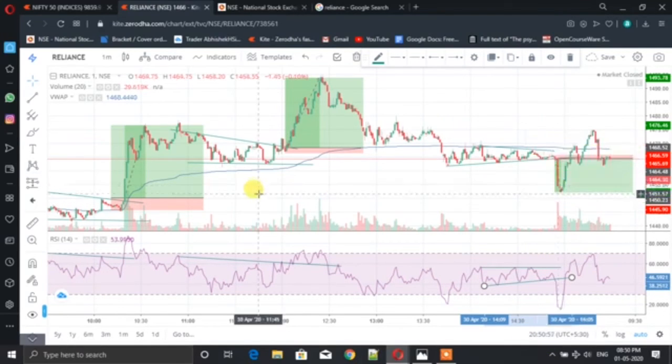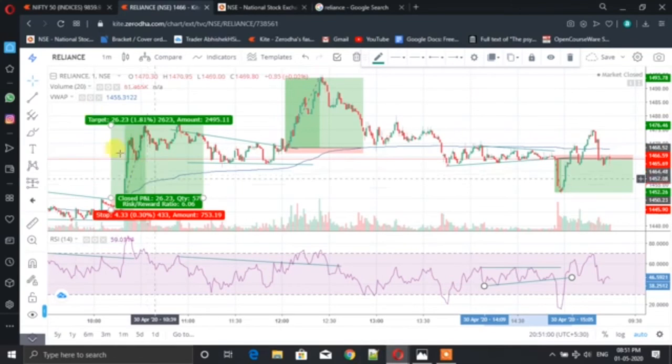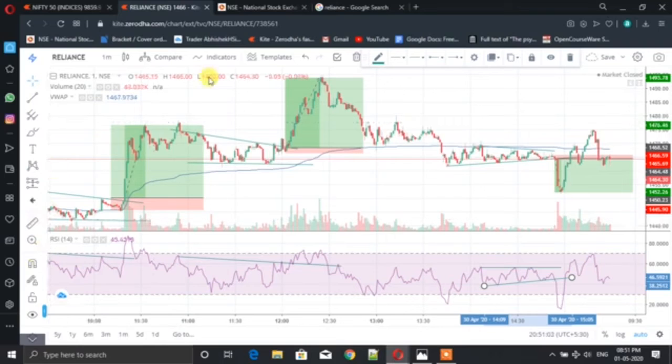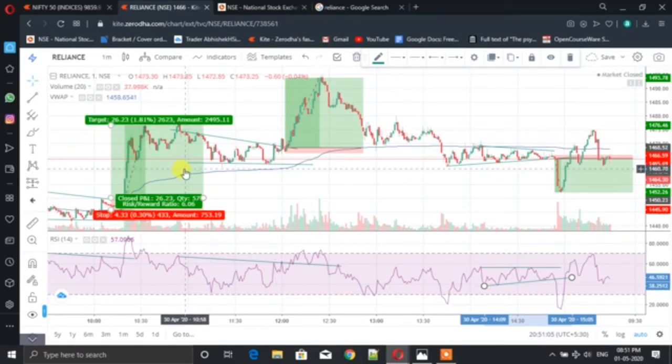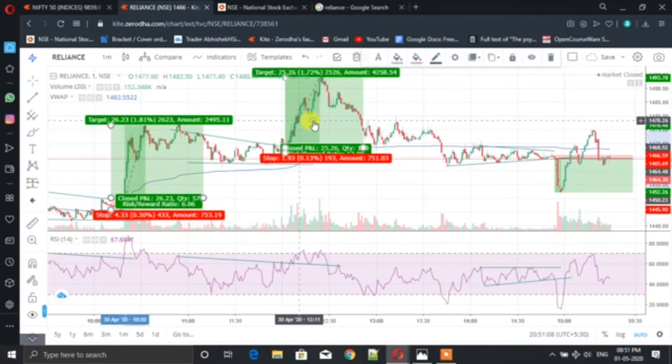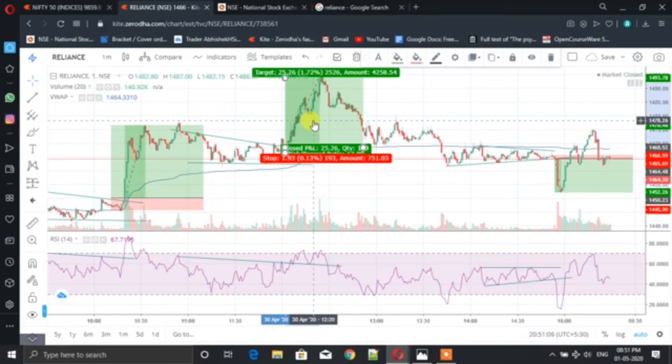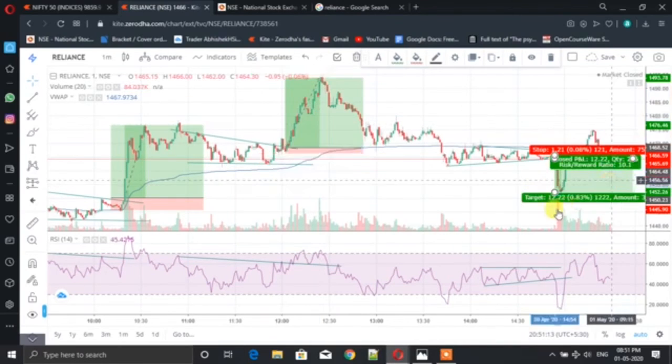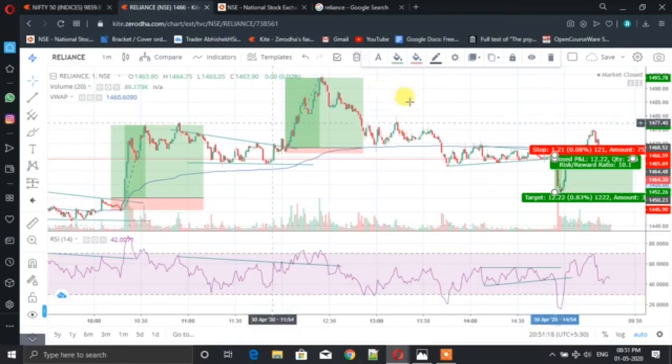So in a day total, here we could have made around 26 points here, 25 points here, so total 51, and around 12 points, 51, 61, 63, a total 63 points trade.